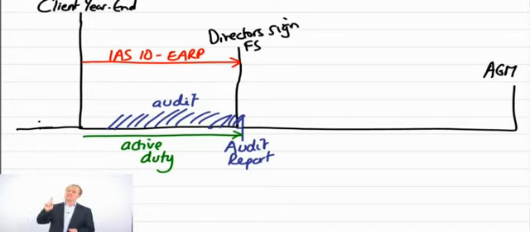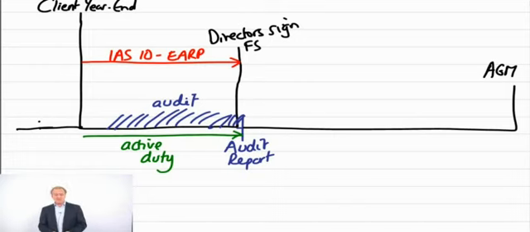IAS 10 says, but some things that happen after the end of the year are relevant too, either because they give more evidence of the company's true position at the year end, and in that case they are called adjusting events, or if something happens after the year end which has got nothing to do with the position at the year end, but is so significant that the shareholders should know about it, it gets disclosed.